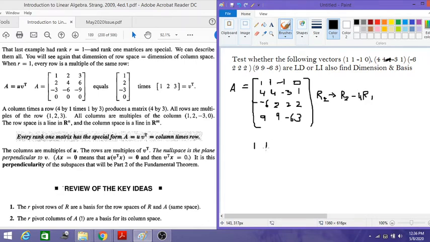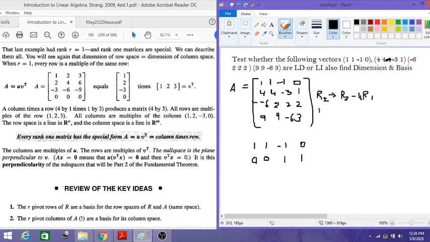The first row will remain as it is, so it is 1, 1, minus 1, 0, and then with the 4 times of this, here I will get 0, 0, minus 1, plus 1, and here I'll get 1.